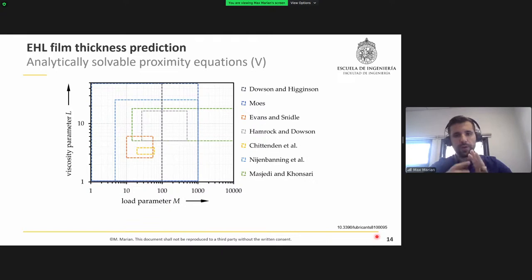We always have to bear in mind that all the film thickness equations and also the correction factors were originally derived from different numerical data, and therefore they have individual ranges of validity.